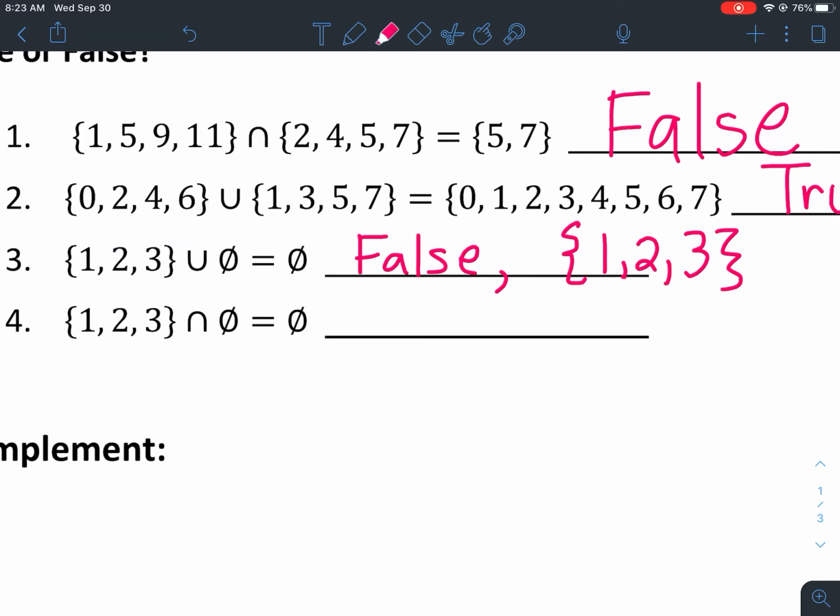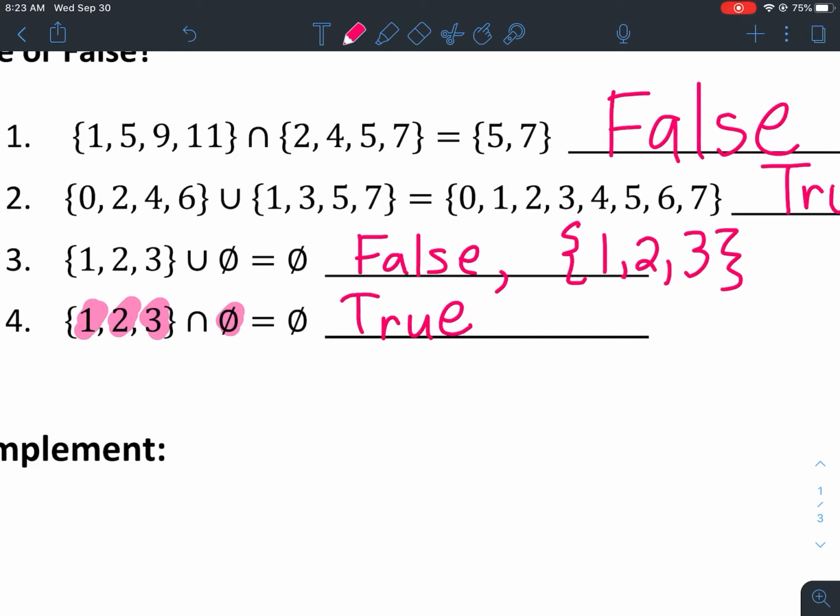And in number 4 here, we have the set of 1, 2, 3 again, and now it's an upside down U, which means intersection. It means what they have in common. So what do the sets 1, 2, 3 and nothing have in common? They have nothing in common if one of them's nothing, so that's actually true.